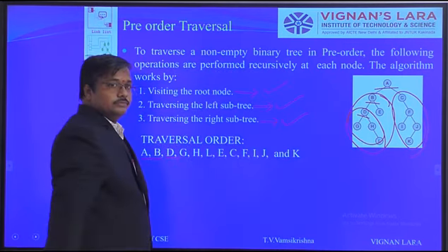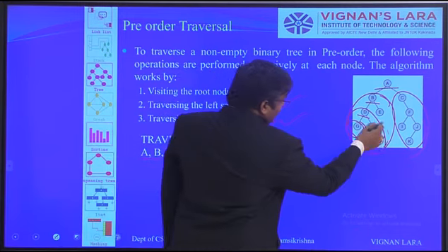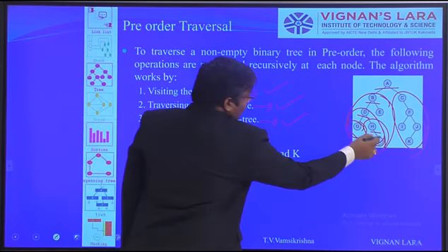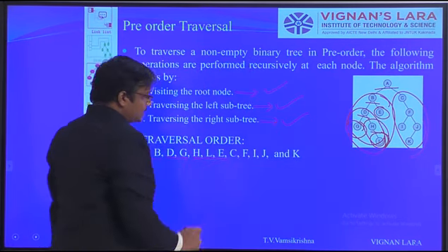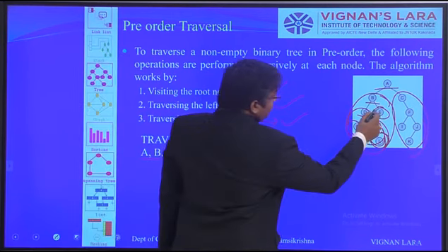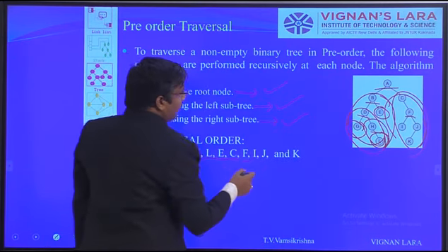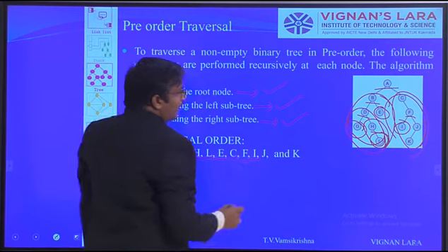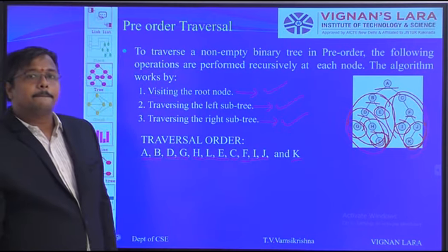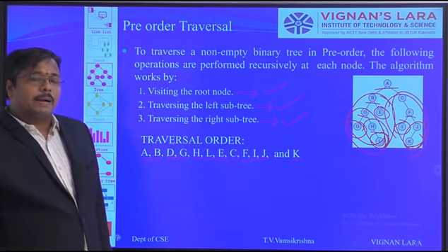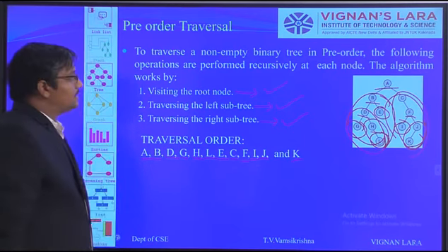D. Again recursively, the root node G. In the right subtree, the root node is H, then L. Next we move to E. Then C. Next F, then I, then J. So here the path is: first visit the root node, followed by the left subtree, followed by the right subtree.